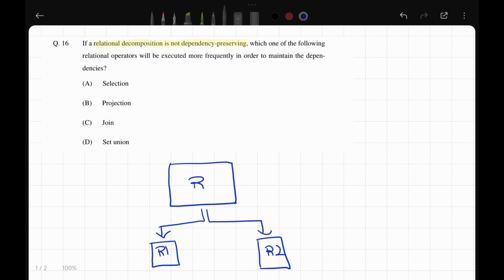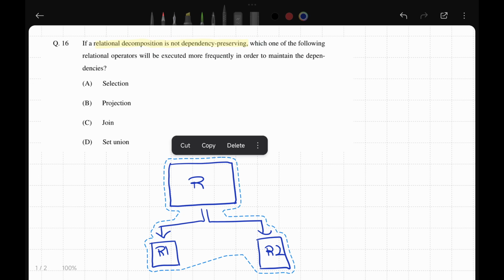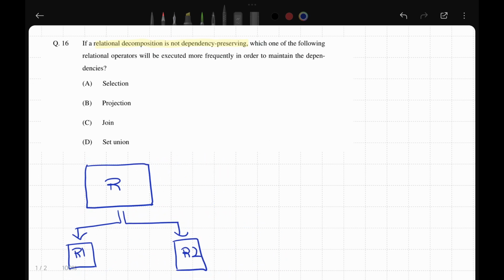And the next piece of information is that it's not dependency preserving. So what does that mean? So let's consider R to have attributes A, B, and C, and it has the dependency A gives C, right?